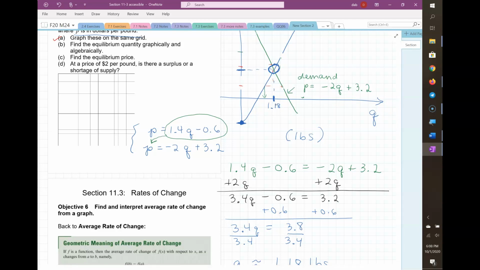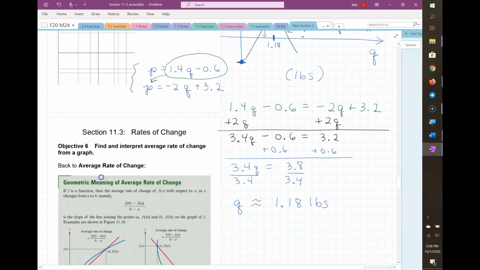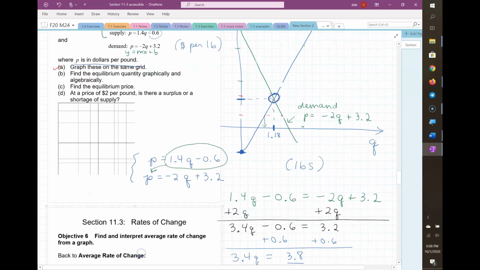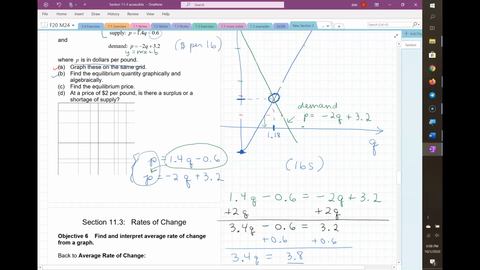And you can use Desmos to make these graphs and then transfer them onto your paper after you see how they go. Okay, so that was B, find the equilibrium quantity graphically and algebraically. Then it says find the equilibrium price. Well, I have two equations that say what is the price if I know the quantity. It doesn't matter which one you use because we're talking about the point of intersection, when P is the same for both graphs.